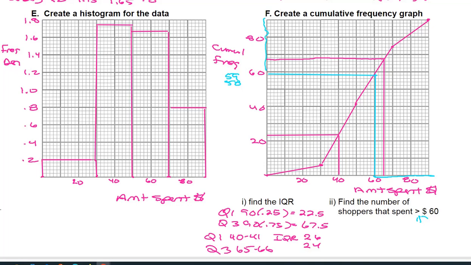So what I've got to do is 90 minus 59 or 58, and I'm going to get about 31 or 32. Okay? Hopefully that makes sense. Let's take a look at the next part.